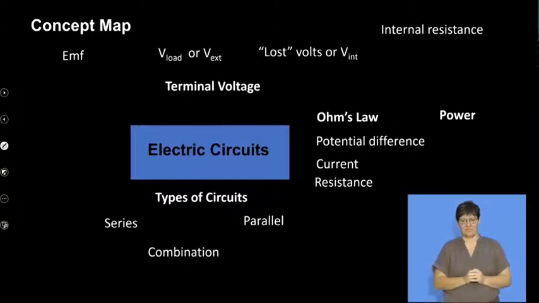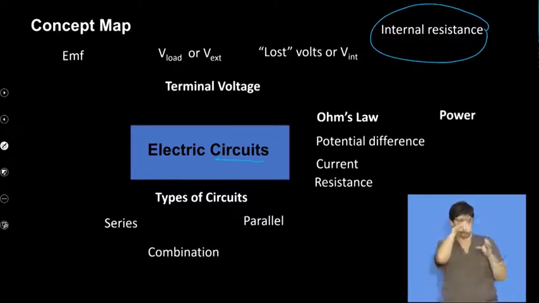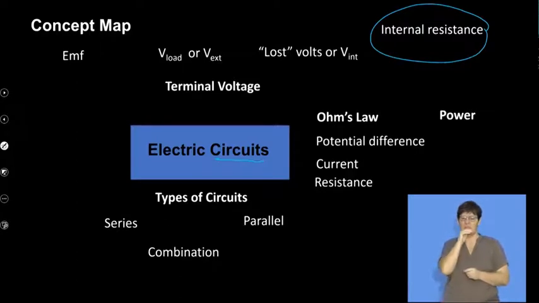Now, here's the mind map in terms of the concepts that have to do with electric circuits. Today we're looking at internal resistance, in the context of electric circuits. A number of concepts come into the understanding of what internal resistance is all about.